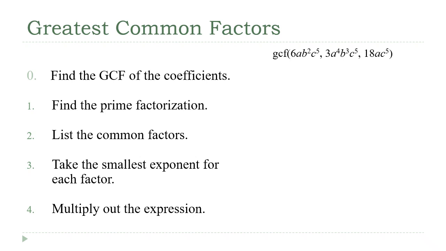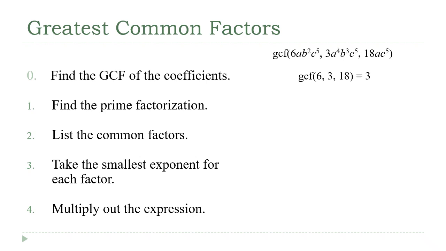All right, so step number one, I need to find the greatest common factor of the coefficients. That's the 6, the 3, and the 18. Right, and if I do that, the biggest number that goes into all three of them is going to be 3. I've got that find the prime factorization step here, remember, because I'm always kind of equating this back to the process for finding the greatest common factor of numbers, which does have that prime factorization step in it.